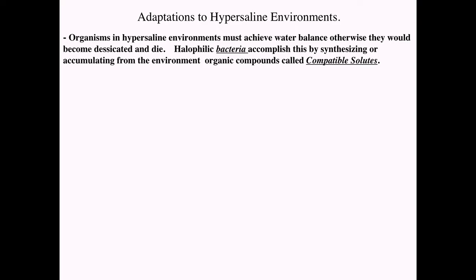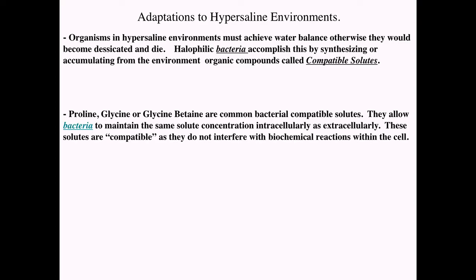So what they have to do to maintain water balance is literally match the concentration of extracellular solutes with their intracellular solutes. But you can't just put any soluble molecule into the cytoplasm. Certain salts are going to be toxic. So bacteria and archaea, to achieve water balance, put in what are known as compatible solutes.